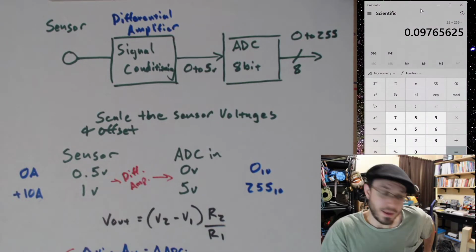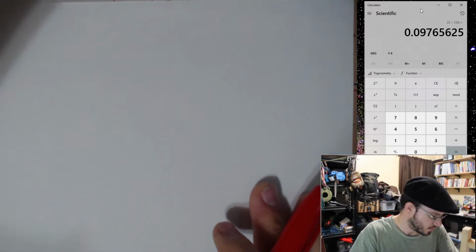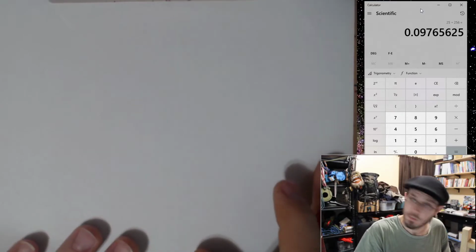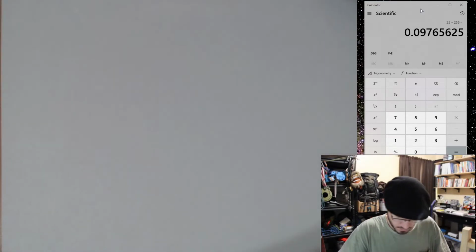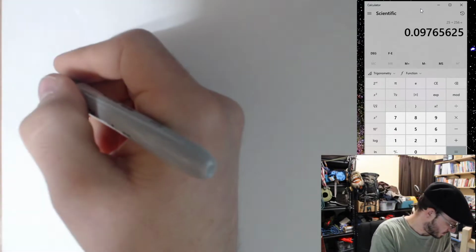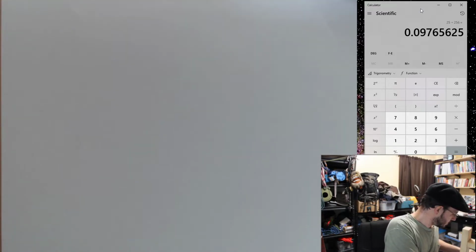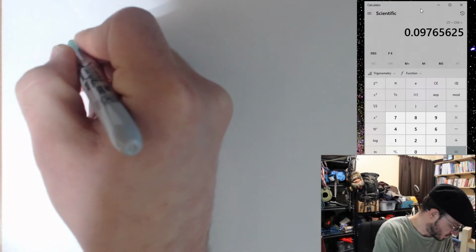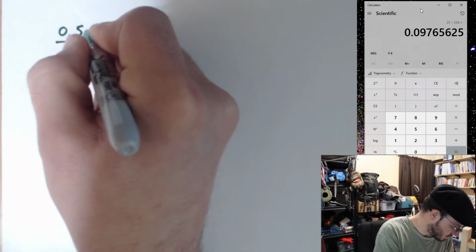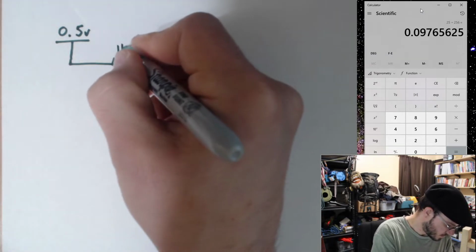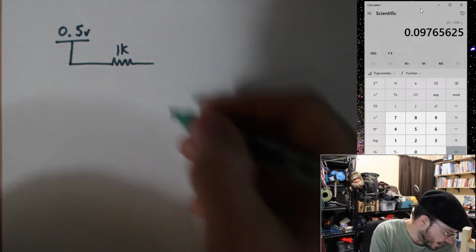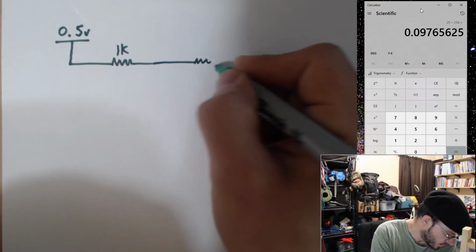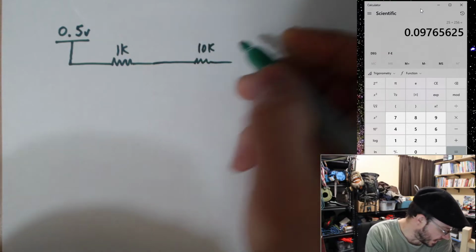So let's draw this. R1 we figured out was going to be 1K. R2 we figured out was going to be 10K.